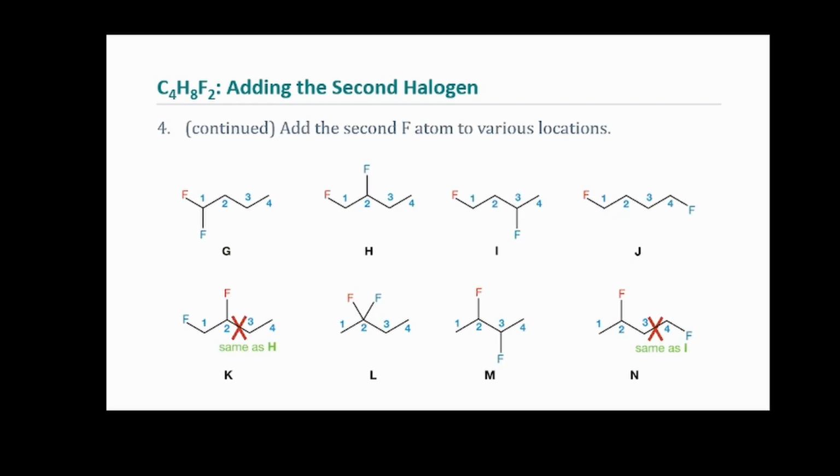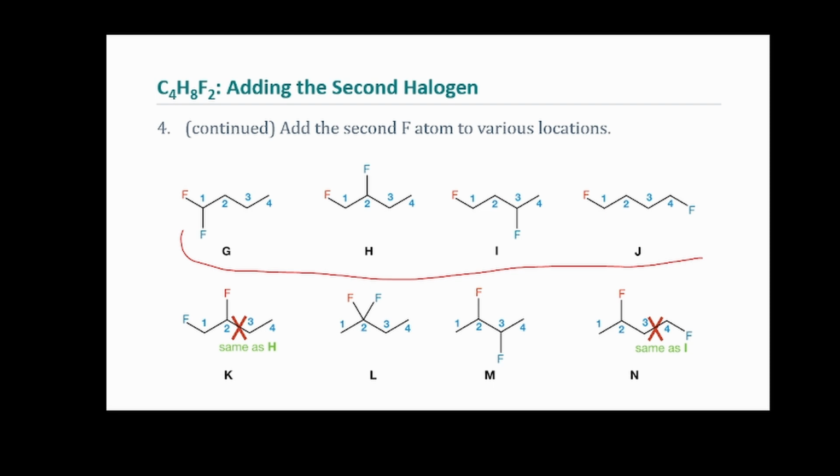Okay. So the next part, we're going to add the second fluorine. Now note that this is actually going to cause you to branch further, right? We're going to get more constitutional isomers, okay? So we start with the ones that have fluorines on the first positions, right? And then we add it, both fluorines on the first position. That's unique because that's the first one we've done, isn't it?